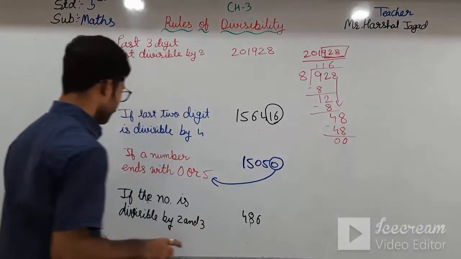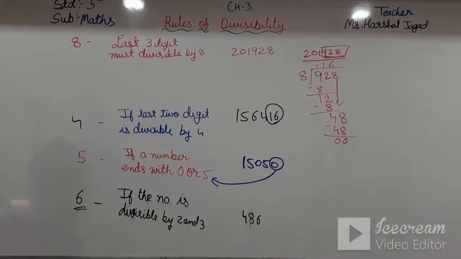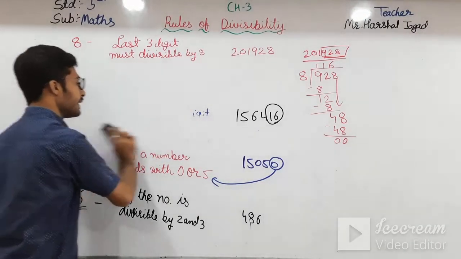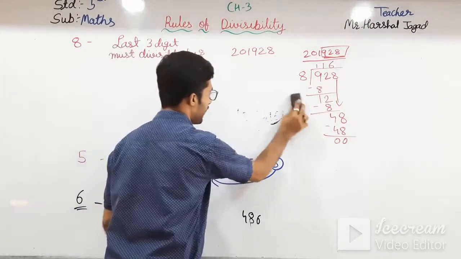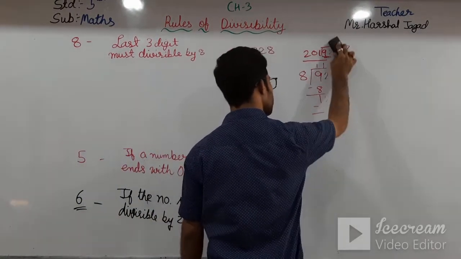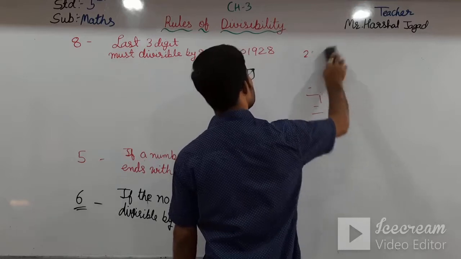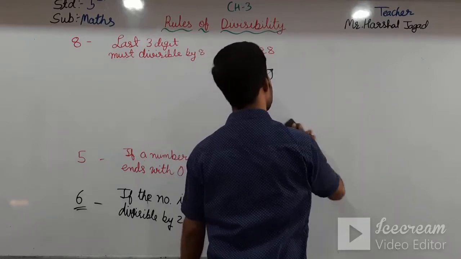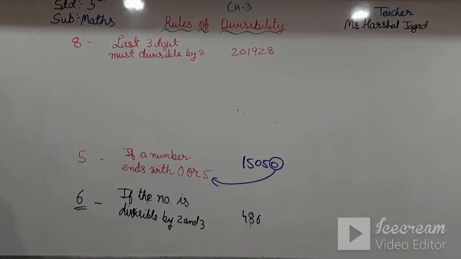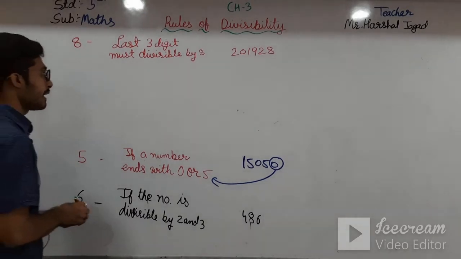Okay students, now moving towards 9. How to check the divisibility test of 9? We know how we did it for 3.